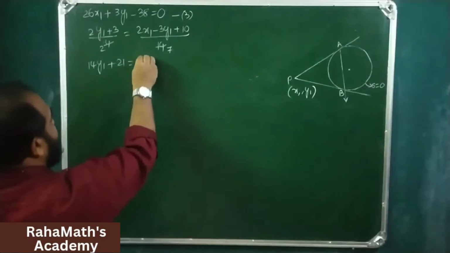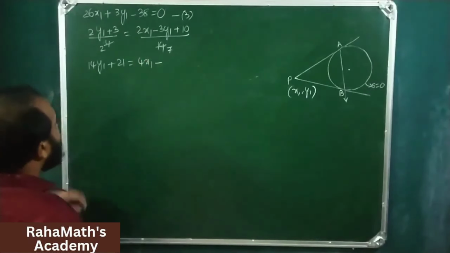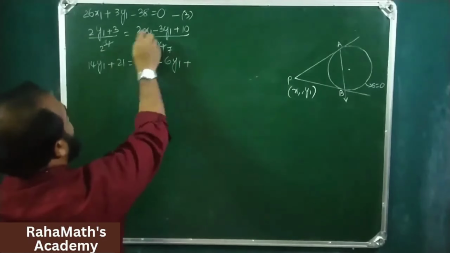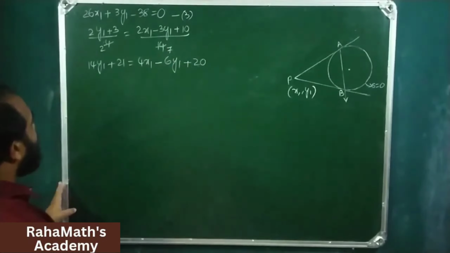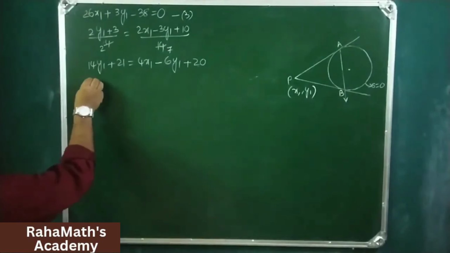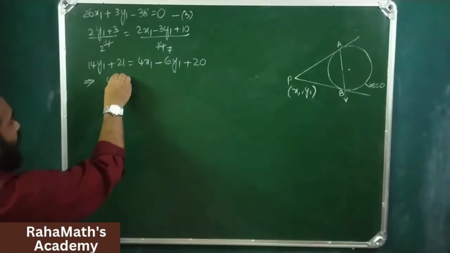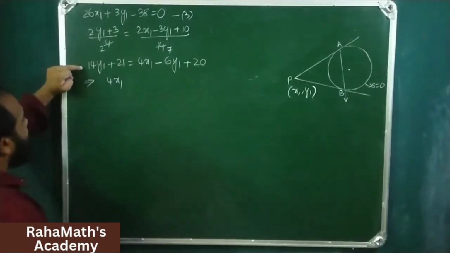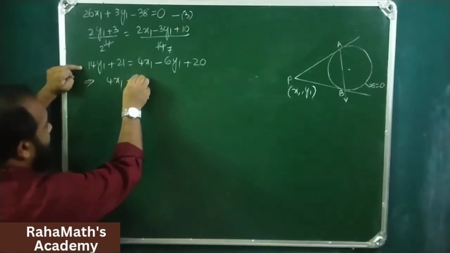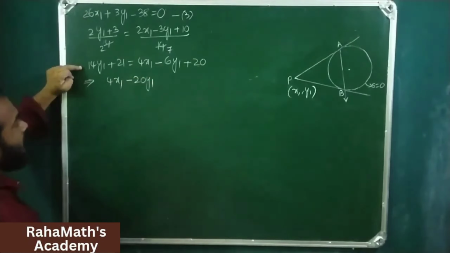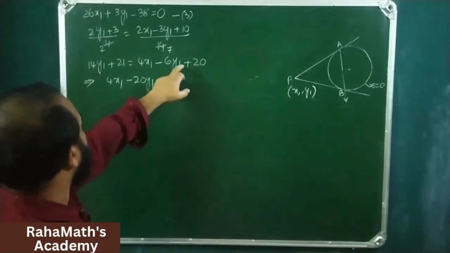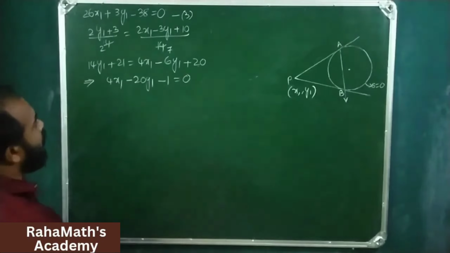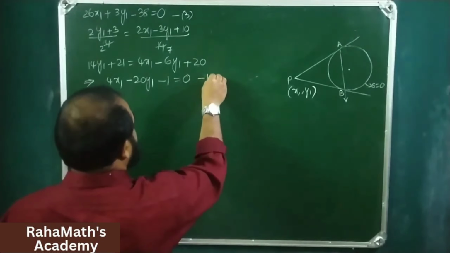So 2 into 2x1 is 4x1 minus 2 3s are 6y1 plus 2 10s are 20. So this is 4x1 minus 6y1 minus 14y1, minus 20y1. This is 20 minus 21. So minus 1 equals to 0. So let us suppose this is the fourth equation.